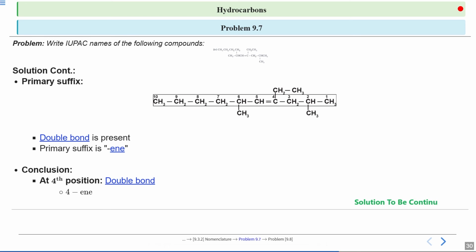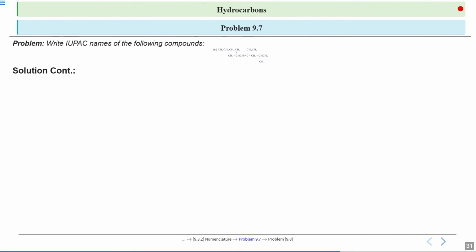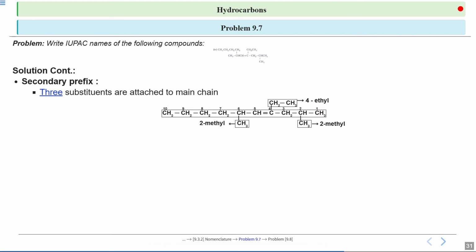Next, we have to decide the substituents. To address the substituents, we have the secondary prefix. For the secondary prefix, three substituents are present: at the 2nd position, at the 4th position, and at the 6th position.